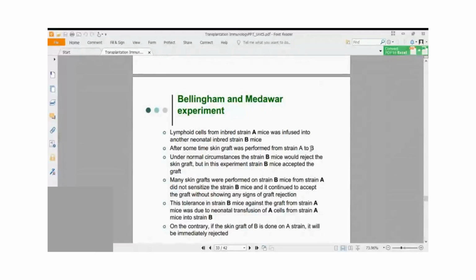So finally, if I have to conclude, tolerance is a phenomenon where immune cells develop tolerance to the antigens if they are exposed to these antigens at the early stage of their development, in the young stage, that is in the neonatal condition or in the embryonic condition.